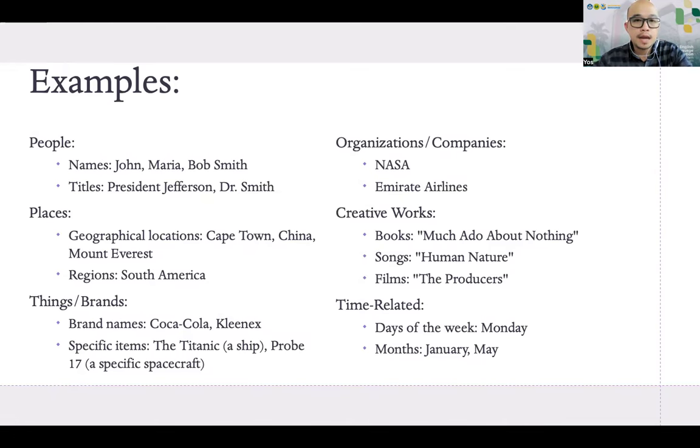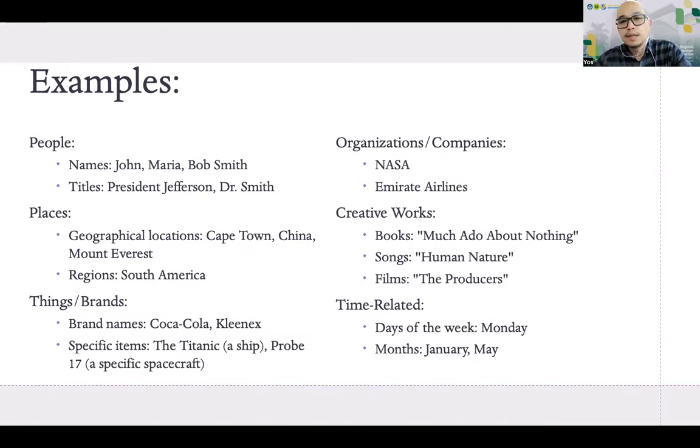We have Cape Town, China, Mount Everest to refer to specific geographical locations. And we have South America to refer to a specific region. There are also Coca-Cola, Kleenex, the Titanic, Prop 17 to refer to specific things or brands. There are also NASA, Emirates Airlines to refer to specific organizations or companies.